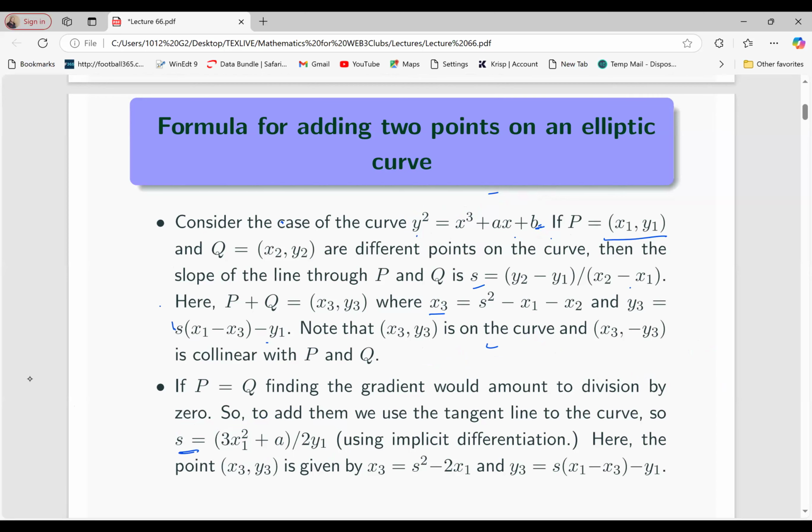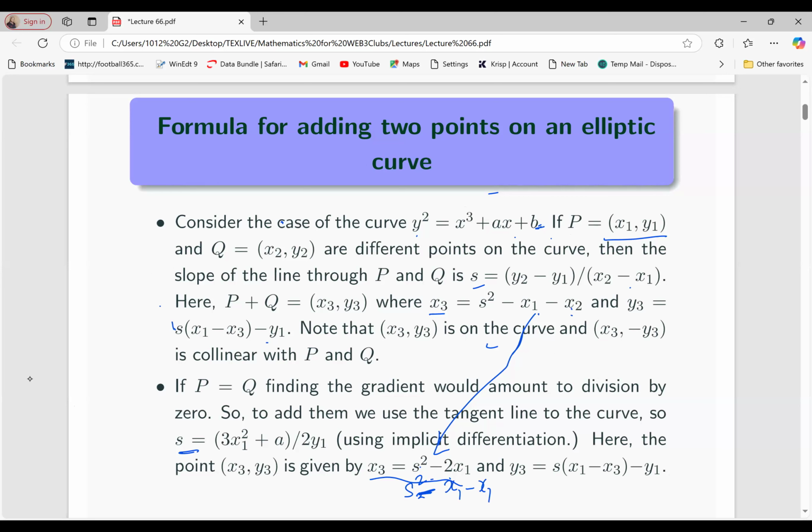Since we obtained our gradient, we find our x3 the same way we did before. The only difference is that x1 and x2 are equal in this case. So we should have said gradient squared minus x1 minus x1, because x1 and x2 are the same.